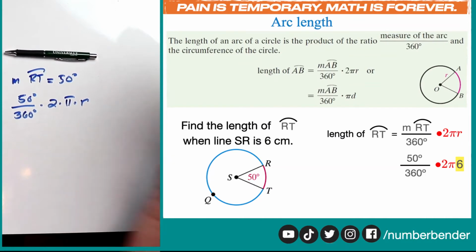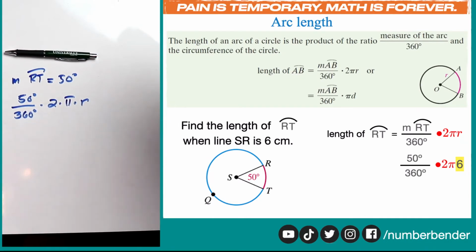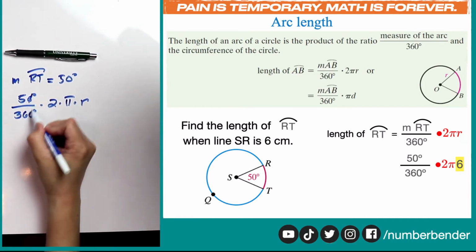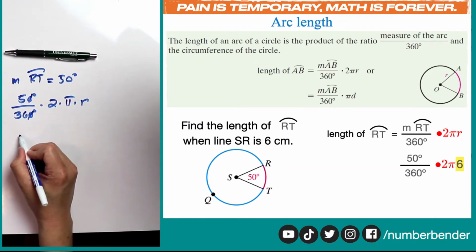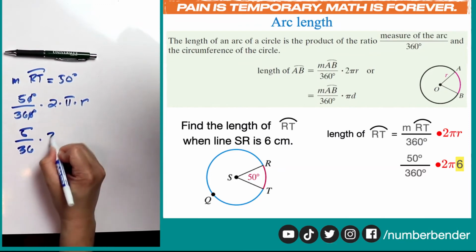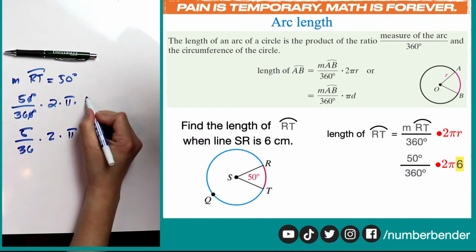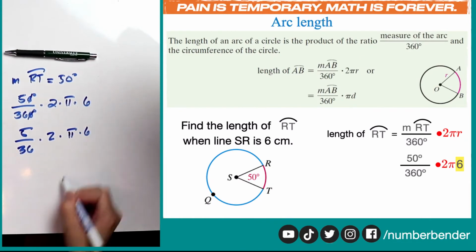We can, of course, use the calculator to find the value of the arc length RT, but we also know that we can simplify this by prime factorization. So we'll have 5 all over 36 multiplied by 2 multiplied by pi and multiplied by the radius, which happens to be 6.